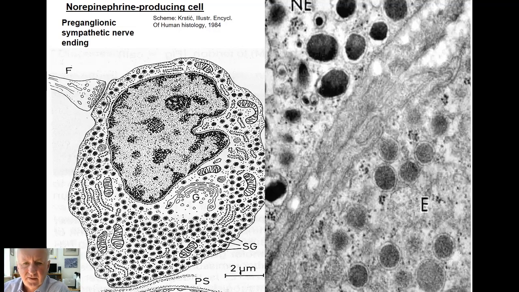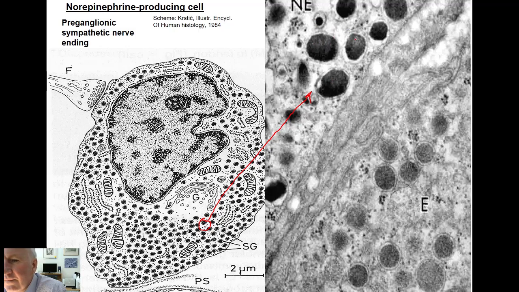Here you see a scheme of a cell producing norepinephrine, and here are the granules with the hormone. What is nice, the scheme is very well done, because you see the electronogram: a very strong density in the center, and a short rim around this dense center which is not dense, lucent.